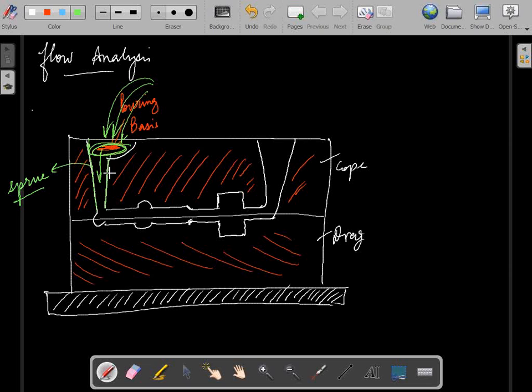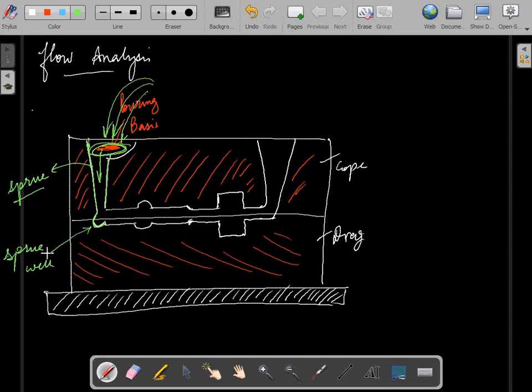Everybody is familiar with this word sprue. Okay, and then as the molten metal flows down this corridor, the tapering corridor, which we call sprue, it now collects at the bottom. This little reservoir or this little pool is known as sprue well. This is sprue well.